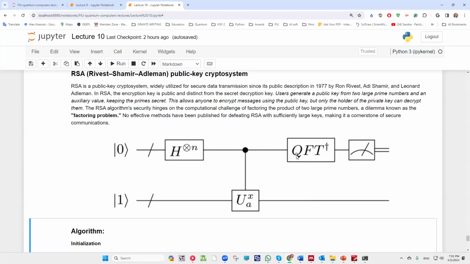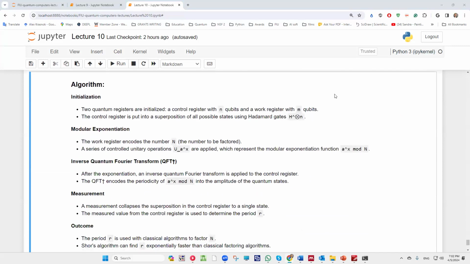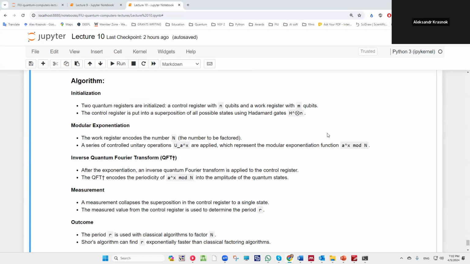It can almost be simulated using a classical supercomputer, but at the same time, the factoring can be done using just a small computer. But at some point, we will be able to factor much larger numbers that cannot be solved by classical supercomputers. So this is the end.